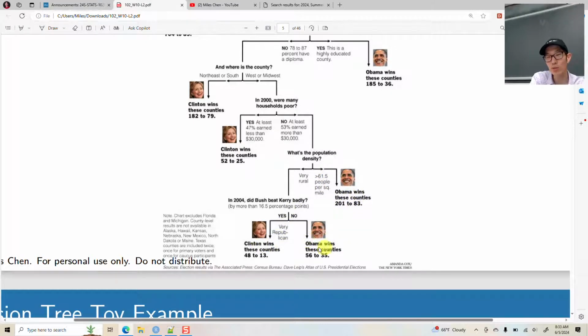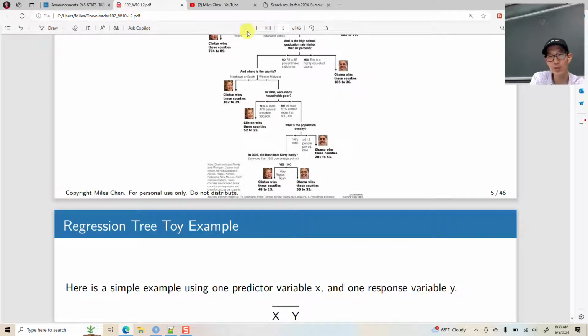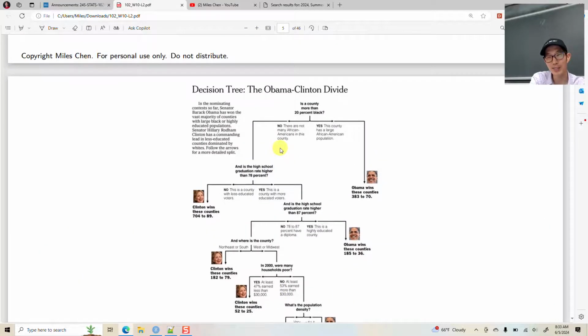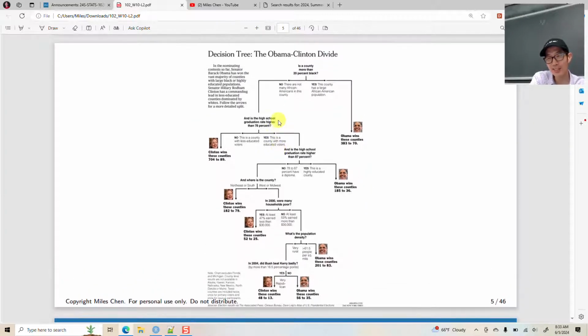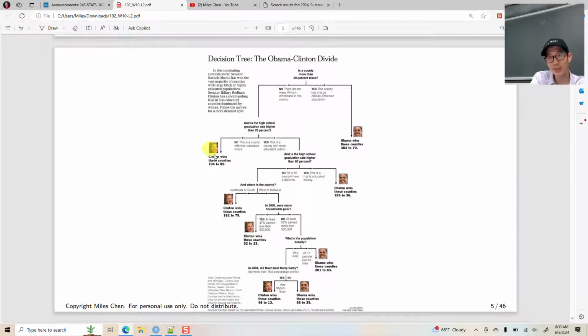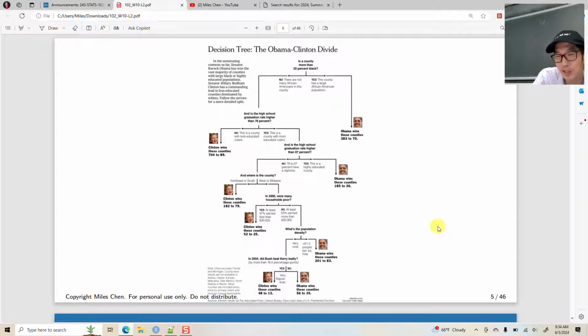And then who won those counties back in 2004 for the Bush versus Kerry election, and things like that. Looking at this, if you didn't know who the faces were, I think you might predict somebody else.